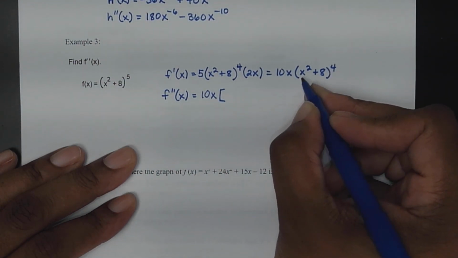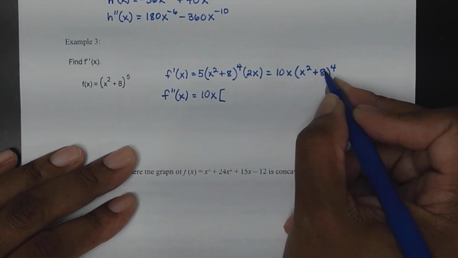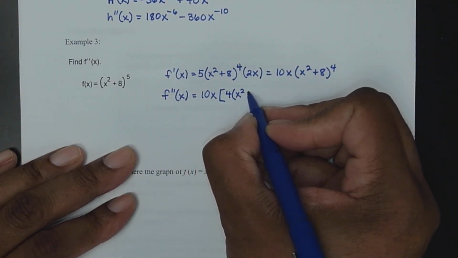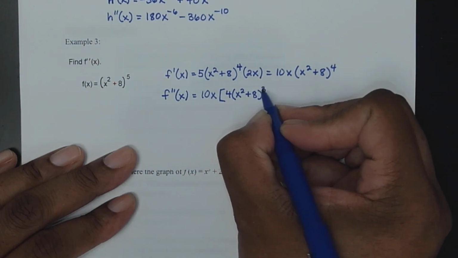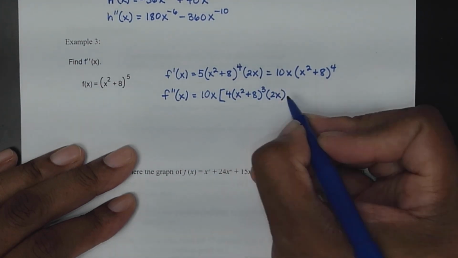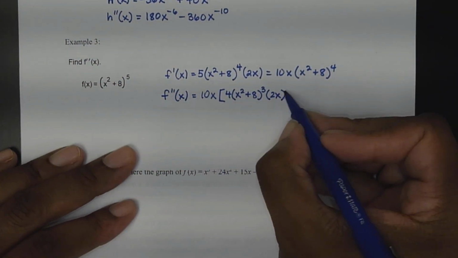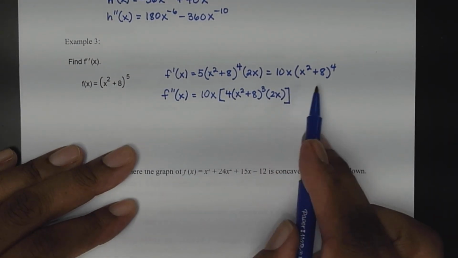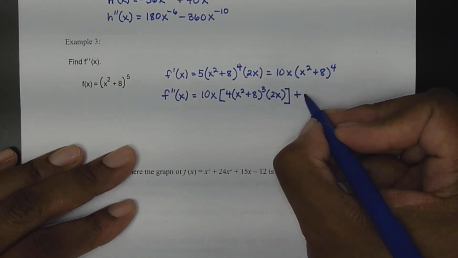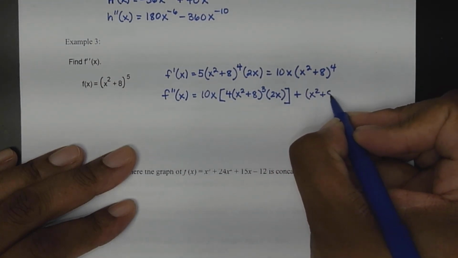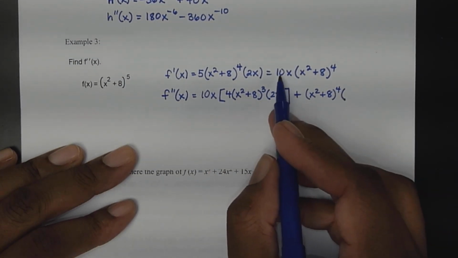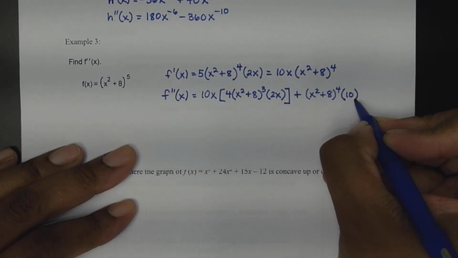The derivative of the second, or the derivative of x squared plus 8, that quantity to the 4th would be there, so we bring the 4 down, copy over the x squared plus 8 to the 1 less power, and then take the inside derivative, which is 2x. So that represents the derivative of the second. And then plus the second, which is x squared plus 8, quantity raised to the 4th, times the derivative of the first. The derivative of 10x is just 10.